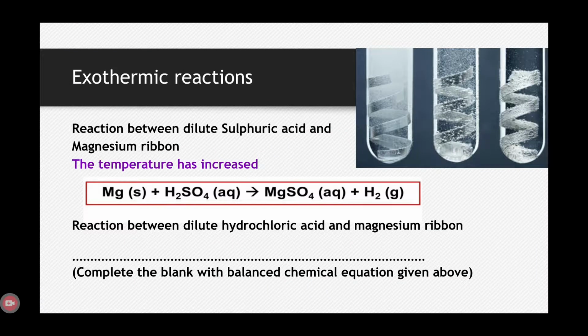Exothermic reactions. Reaction between dilute sulfuric acid and magnesium ribbon. This is an example given in your textbook. When we insert a magnesium ribbon into a test tube filled with dilute sulfuric acid, we can see that there are bubbles evolved from the magnesium ribbon.